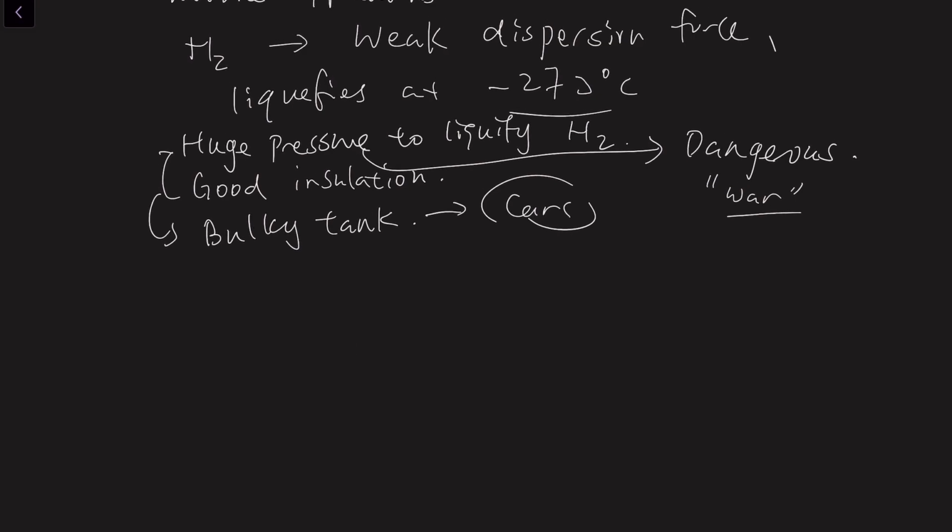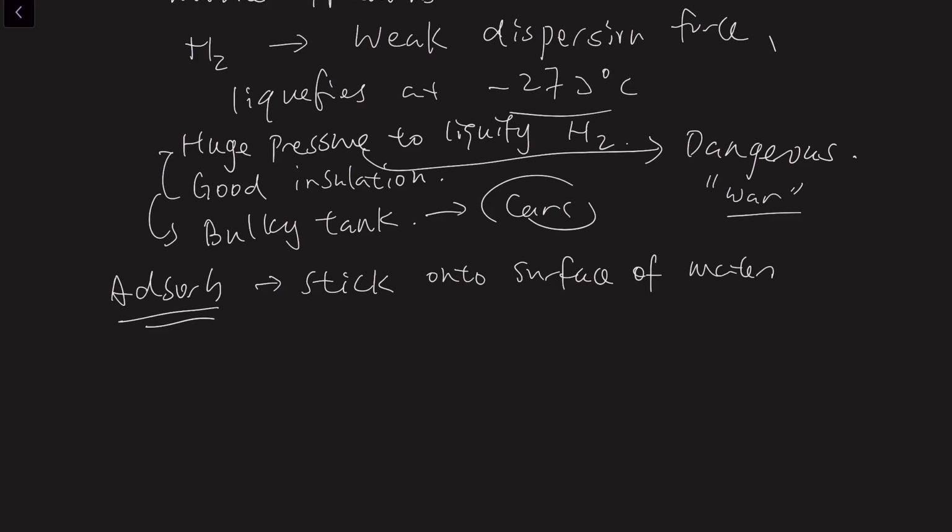So another method is to adsorb. It's not absorb, it is basically sticking onto the surface of materials, usually metal hydrides. And this overcomes the problem of storing hydrogen gas under huge pressure.